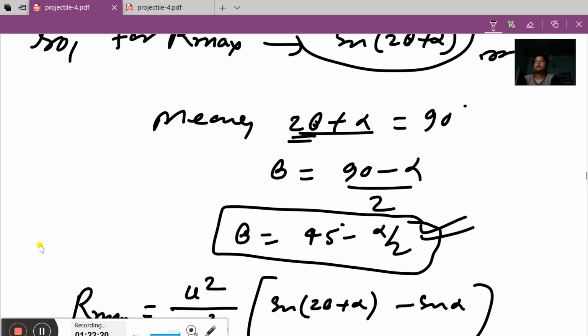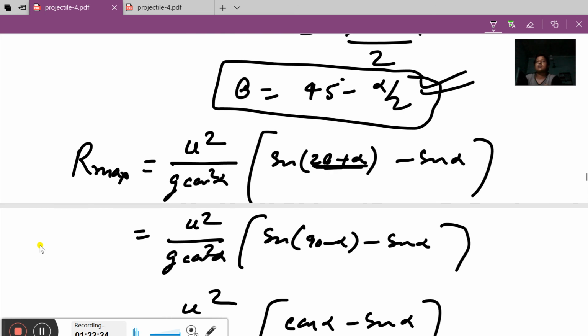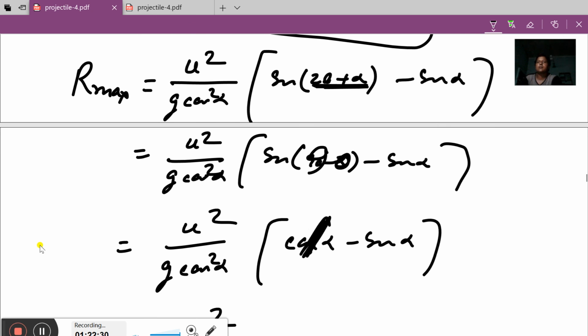For maximum range, 2 theta plus alpha is 90. Sin 90 is 1.